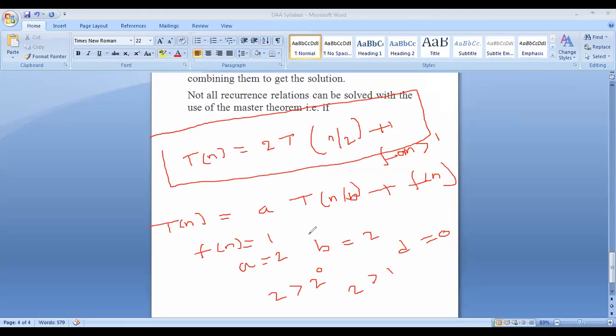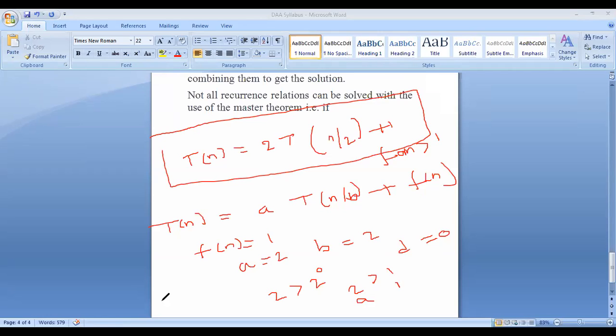T of n equals n power d if a is less than b power d. T of n equals n power d log n if a equals b power d. T of n equals n power log a to the base b if a is greater than b power d. So here a is greater than b power d.